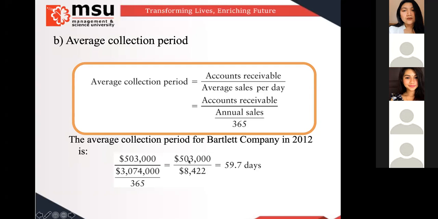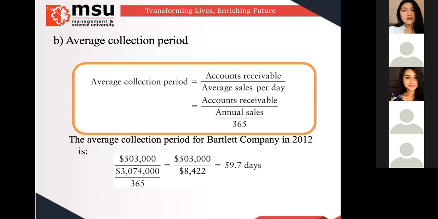Then 503,000 divided by 8,422, and the answer is 59.7 days. So 59.7 days shows the average duration for the company in collecting cash from their clients.